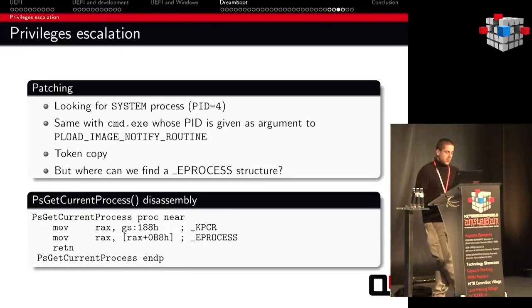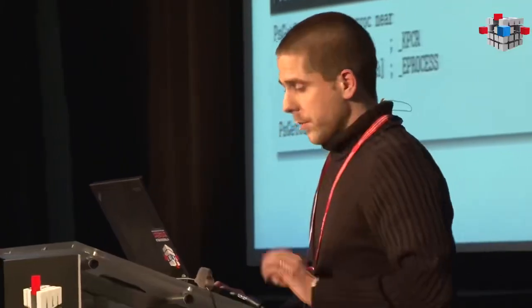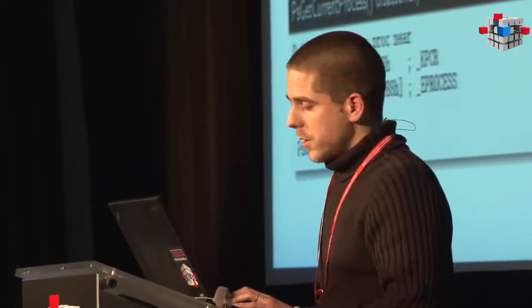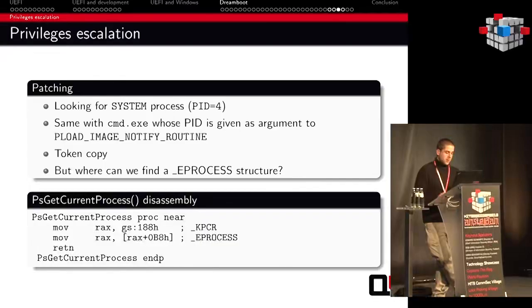One way to retrieve the eProcess structure is to look at the PsGetCurrentProcess disassembly, two lines of code. We just retrieve the eProcess structure from KPCR, and at some offset of that you have the eProcess structure. Of course, it depends on the current operating system, but it's at a fixed address.